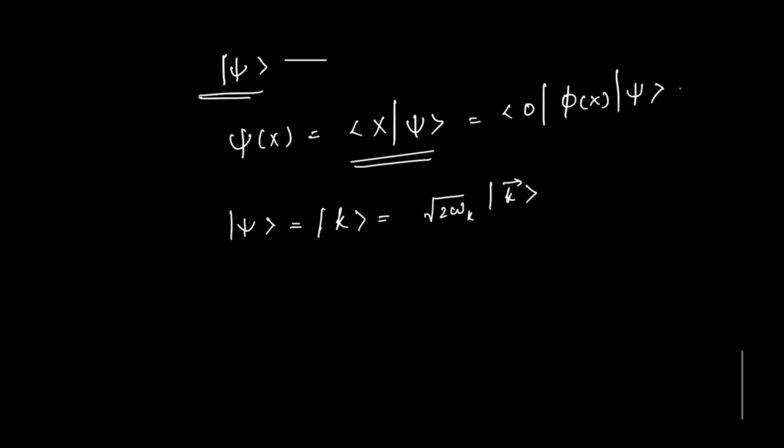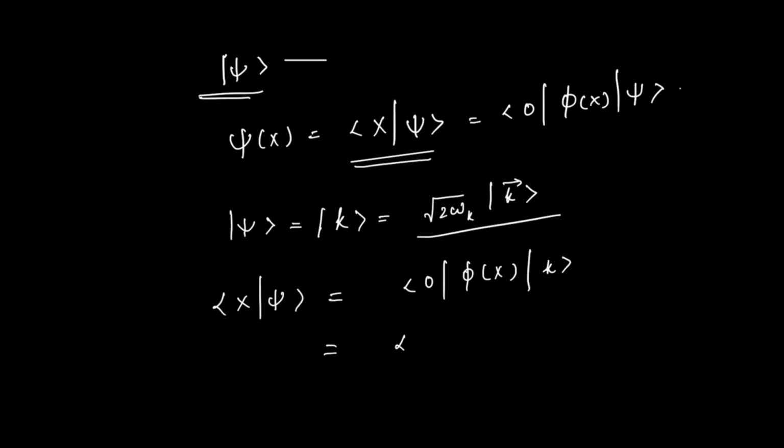Then the wave function will be 0, phi of x and k, which is, so k is root 2 omega times vector k. So I can write root 2 omega 0 phi of x then k vector, right.